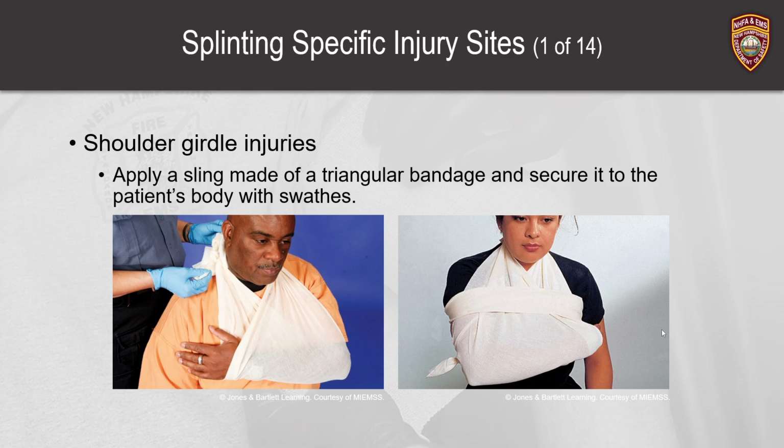And so I will tell you that in this picture here with the swath applied to this person, this is the most ineffective swath that you can put on someone because it doesn't do what we apply swaths for. The elbow can still move down here. And so we'll teach you a couple different ways to secure that so it's actually functional.